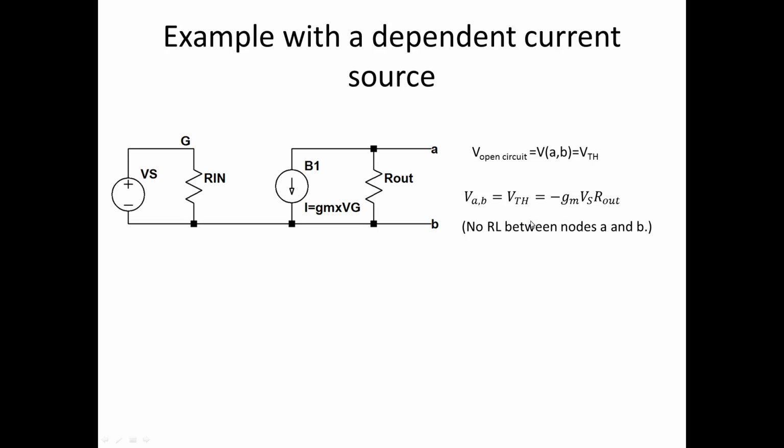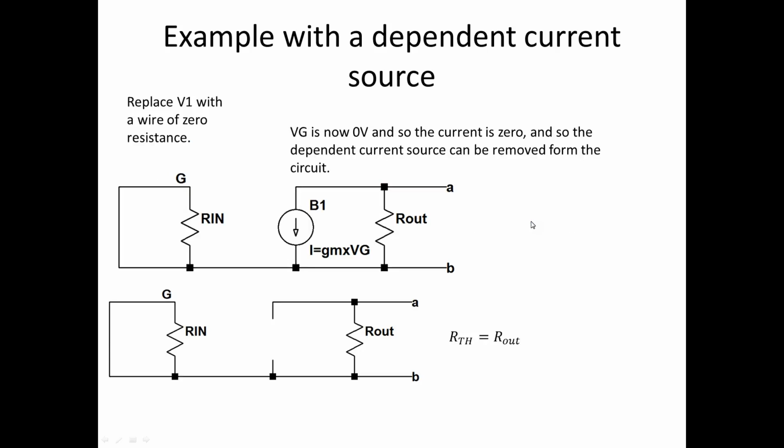Now let's find the Thevenin resistance. We replace V1 with a zero resistance wire. Now the node G is shorted to node B, so G has to be 0 volts. If G is 0 volts, then the current is 0 amps.